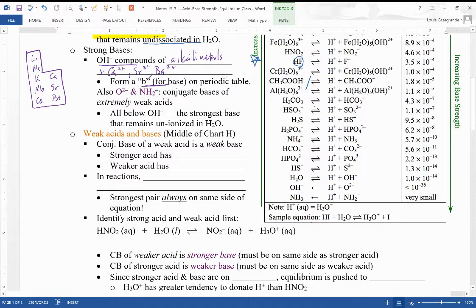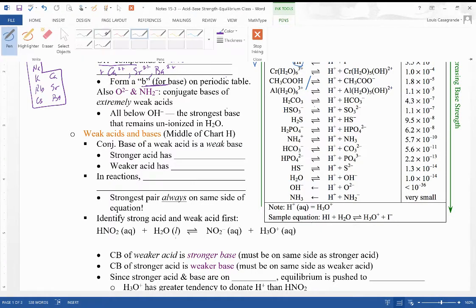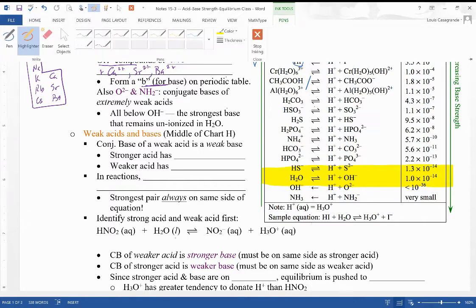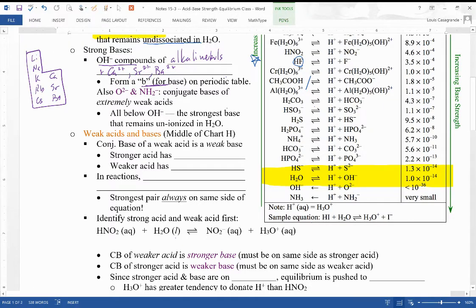Now, there's also a couple of really strong bases down below. Just like H3O plus was a cutoff for acids, hydroxide right here is going to be a cutoff for the bases. And the two reactions down below that hydroxide, now remember, that's going to be hydroxide acting as a base going in the reverse direction.